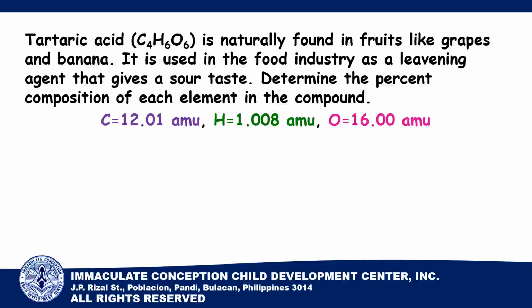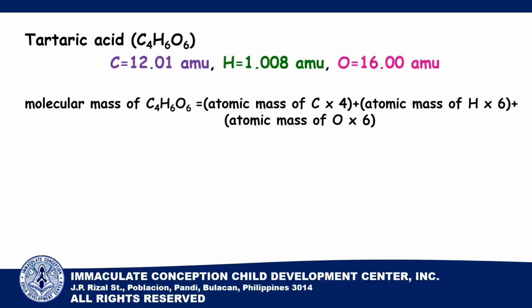First, identify the atomic masses of each element. For carbon, it is 12.01 AMU. For hydrogen, it is 1.008 AMU. And for oxygen, it is 16.00 AMU. Second step is to calculate the molecular mass of the compound.